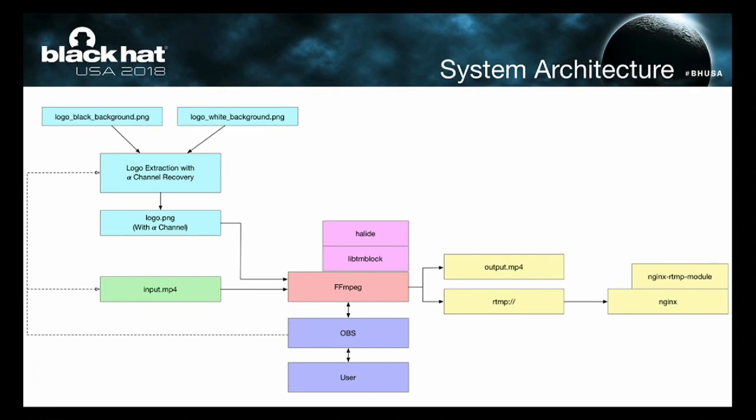Then it handles all the real-time scheduling and the video streaming protocol, RTMP, and after that we also build a simple demo live streaming service using Nginx. The Nginx-RTMP-module is quite simple and easy to use. And we use OBS to handle all the user interactions during this process.